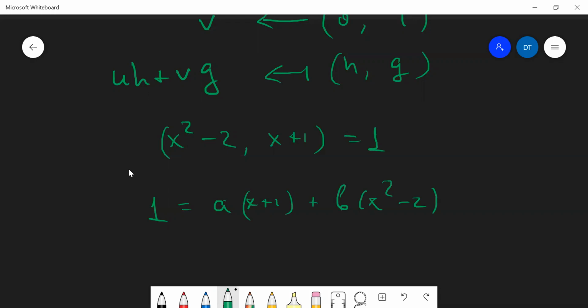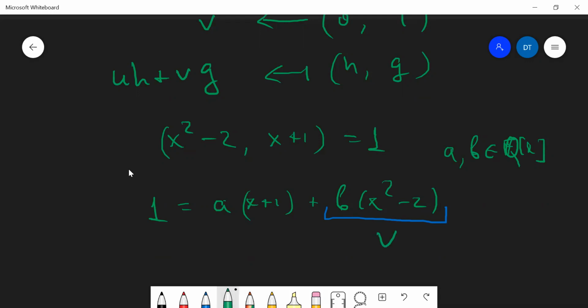Here a and b are rational polynomials. And now we see that this polynomial is equal to 0 modulo x squared minus 2, but equals 1 modulo x plus 1.